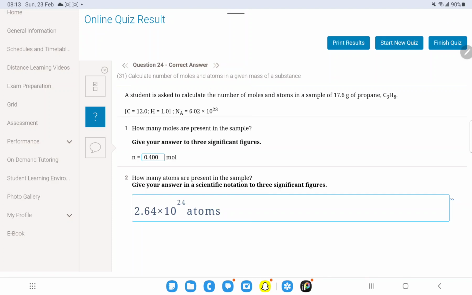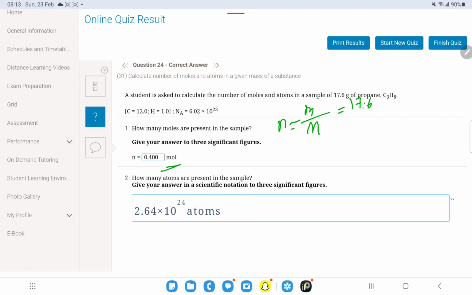For this question, a student is asked to calculate the number of moles and atoms in a sample of 17.6 grams of propane. So first they want the moles. We know moles is mass over molar mass.